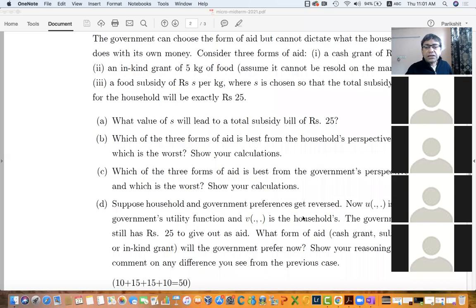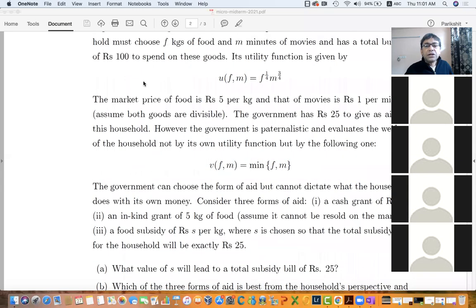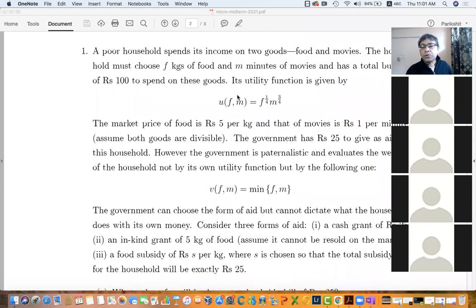So once you fix the form of aid, whether it's a cash grant, an in-kind grant, or a subsidy, after that the household will choose whatever is in its own interest, and therefore the relevant utility function will be the household's own utility function at that point.